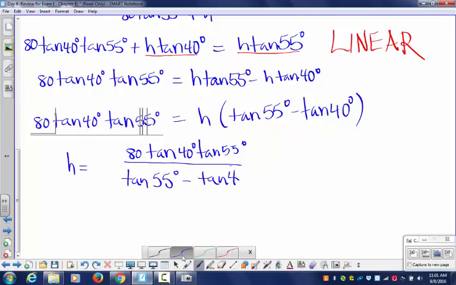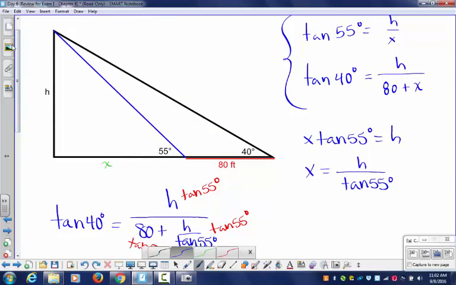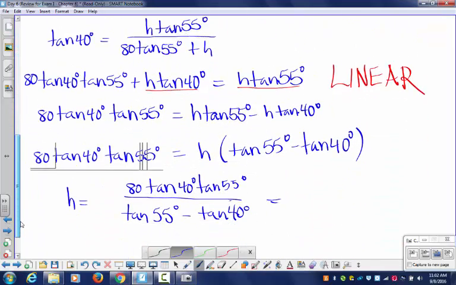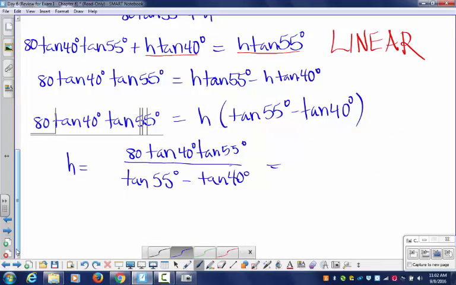And now the hard part. Type that into your calculator. We'll round to the nearest foot because that was to the nearest foot. So see if you can do it. So numerator, be generous. Wrap everything up. Make sure you're in degree mode.